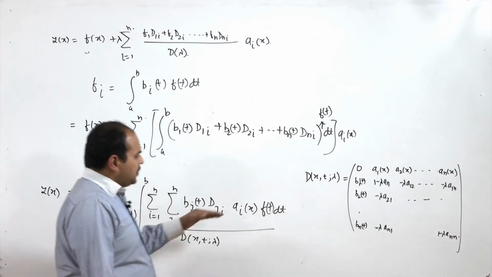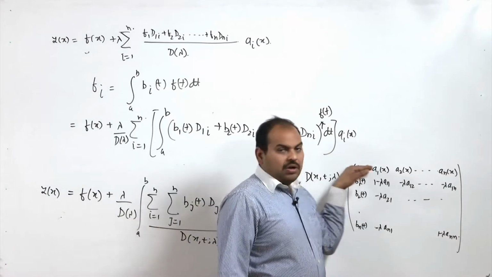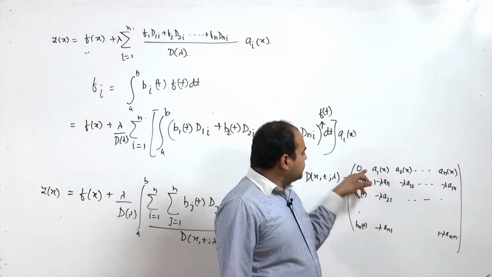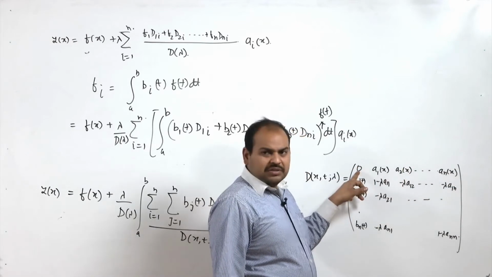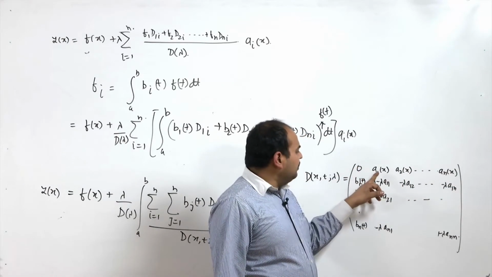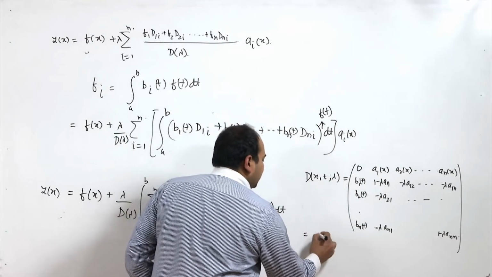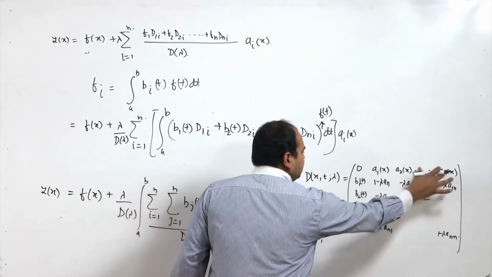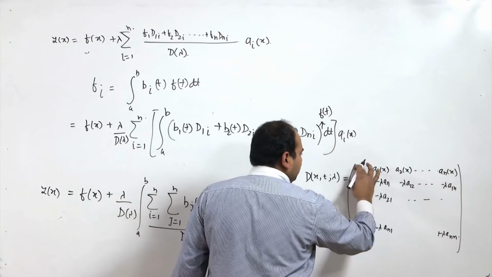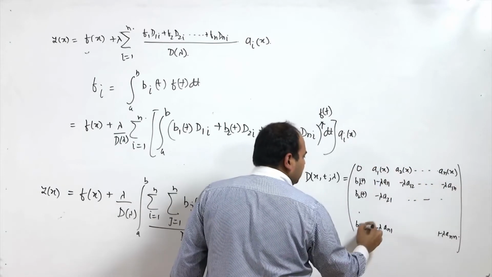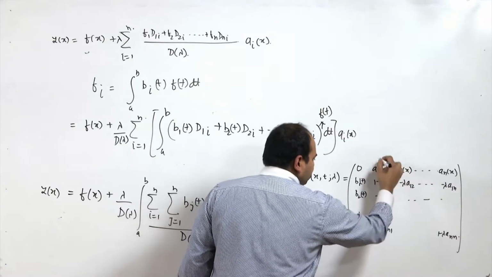So we are expanding this dxt lambda along the row. If you expand this along the row, this will not contribute anything, and then we look at this a1. Here we have a1, and what is left is this row out and this column out.